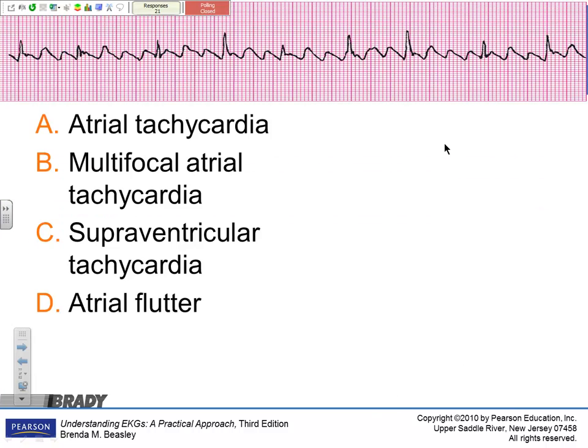All right, here we go. What's this? Couple more, come on, man.